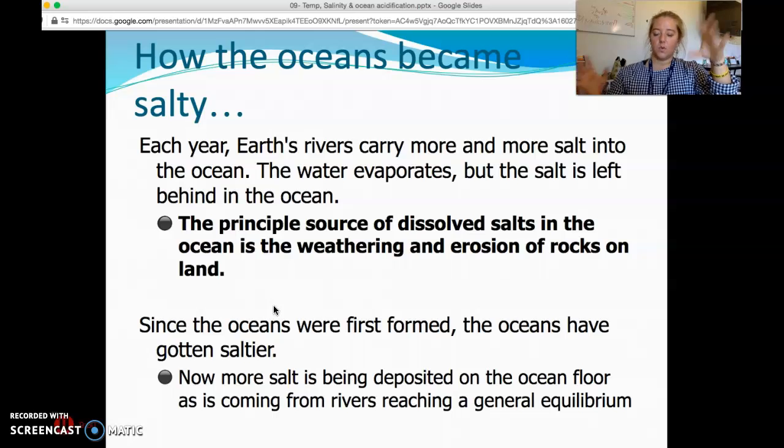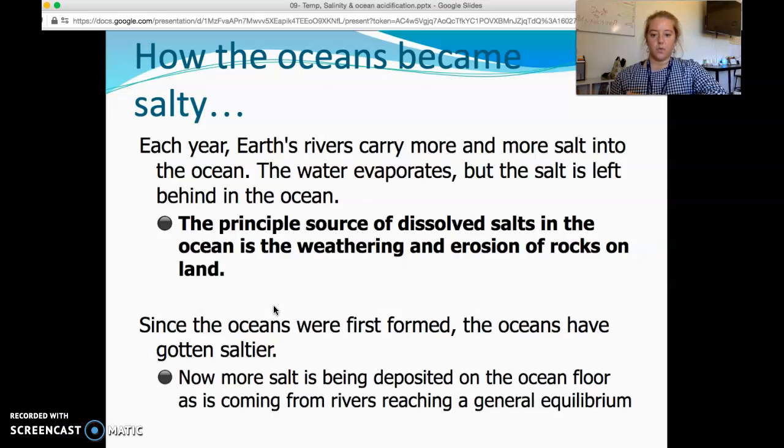So as those water molecules are rained down onto different areas, they bring the salt with them that they erode from the rocks and whatever way. So maybe you put salt on the roads and it ran off into the streams, in which the streams ran into a river, and a river ran into eventually the ocean, and it started again.